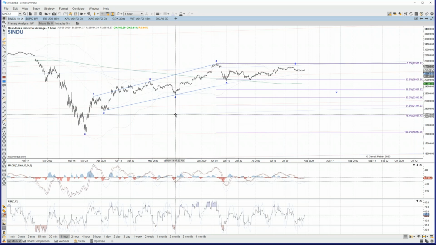But I will say that there are situations, I think, where it's sometimes a little bit ambiguous when you're dealing with a diagonal. That initial move does sometimes look more impulsive than it does like a 3-wave structure, but then the rest of the subwaves as they fill out clearly begin supporting and confirming that it is a leading diagonal.